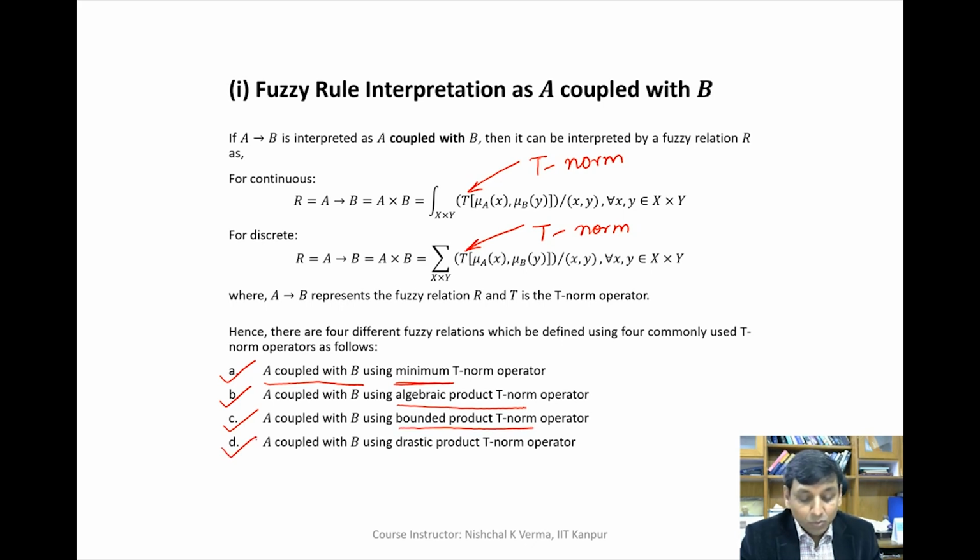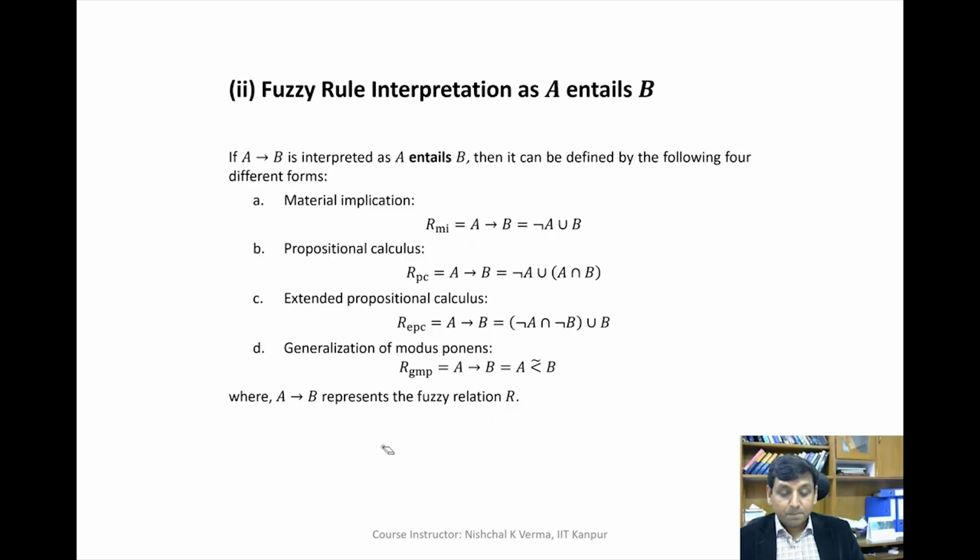Similarly, the fourth one here is the drastic product as the T norm operator. So here we can use any of the four T norm operators to get the fuzzy relation set for either discrete fuzzy sets or the continuous fuzzy sets, and both the versions are here as mentioned.